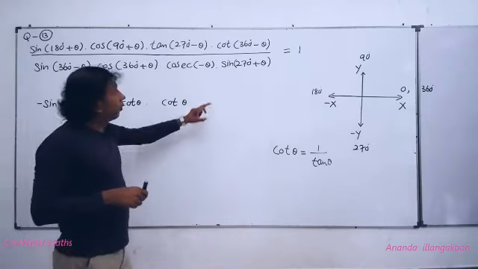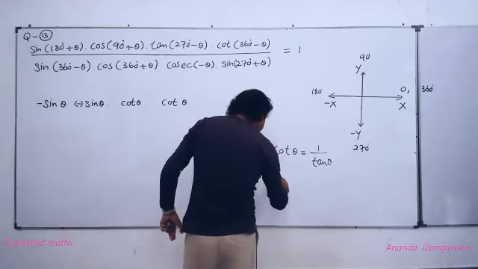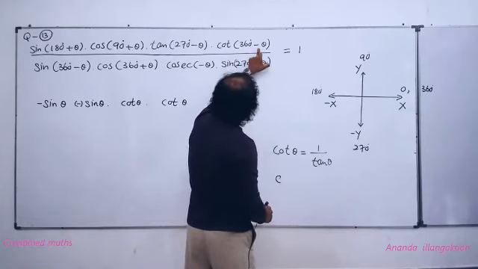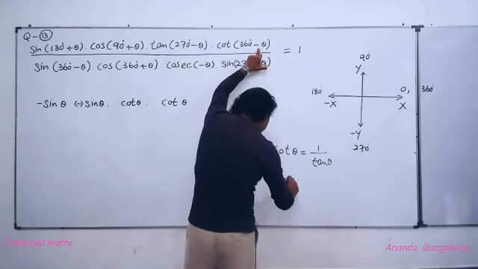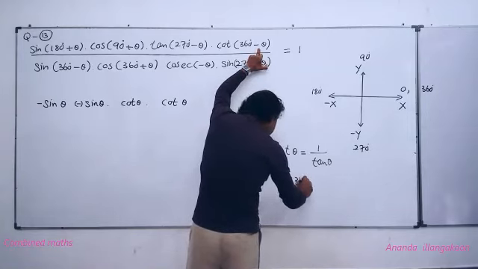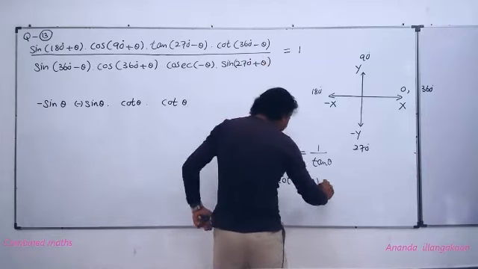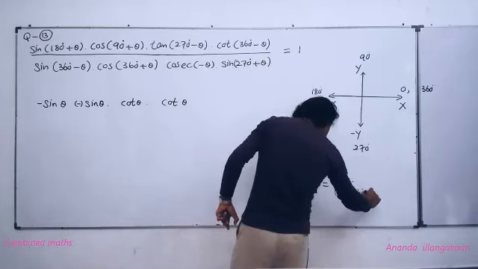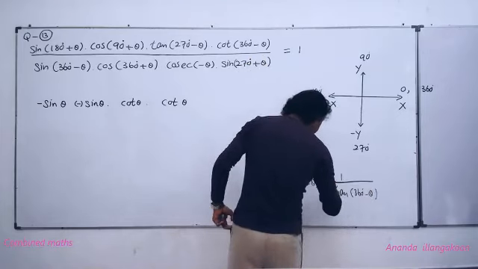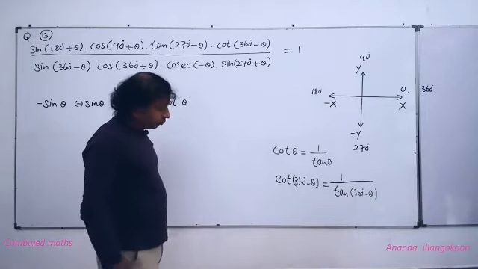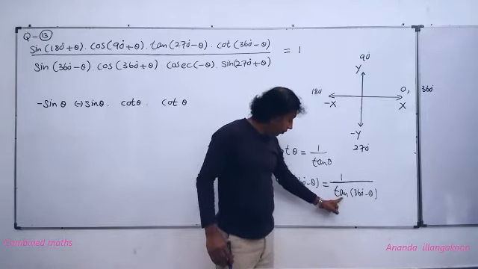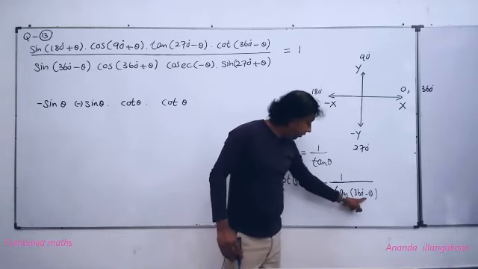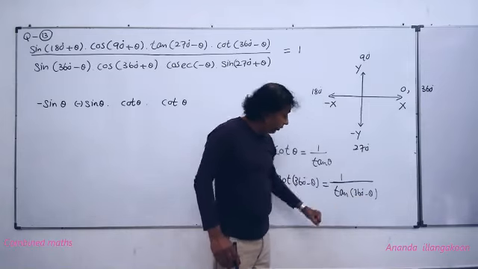Now then, how to write cot 360 minus theta? I can write this as 1 upon tan 360 minus theta. See here, when you consider this tan 360 minus theta, the angle is in the fourth quadrant.